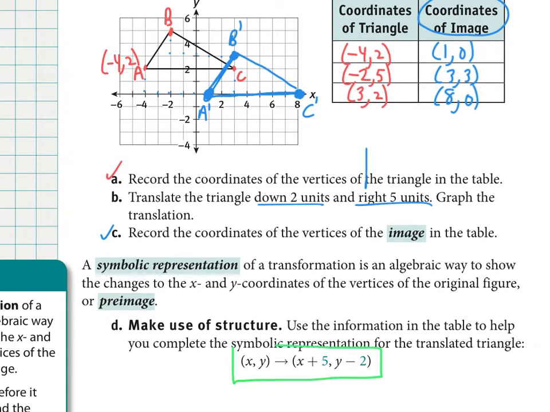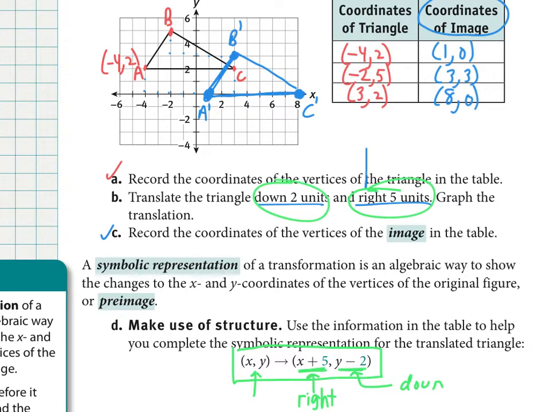What it's saying is you take any original x, y, any original coordinate, and we are adding 5 to the x value, and we are subtracting 2 from the y value. So that's just a way of saying when you add 5 to the x value, it means move to the right 5 units, which is what we did. When you subtract 2 from a y coordinate, that's telling you to move the coordinates down 2 units, which is what we just did.